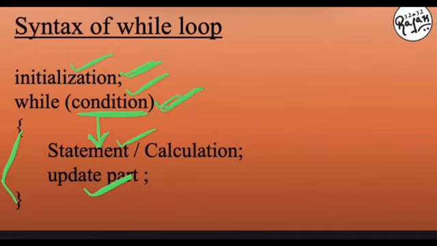Then whatever lines are written, whether statement, calculation, update part, or a few more lines, all of the lines will be executed, and then again it sends you back to the condition part. Again the condition is checked. If it is true, you get inside the loop. If it is false, you are out of the while loop's body and it gets over. You are finally out of the body of the while loop.